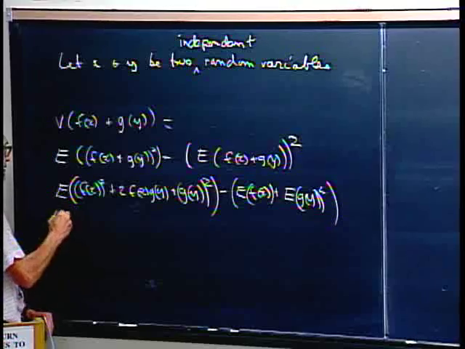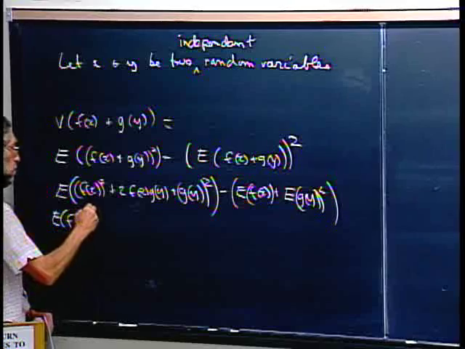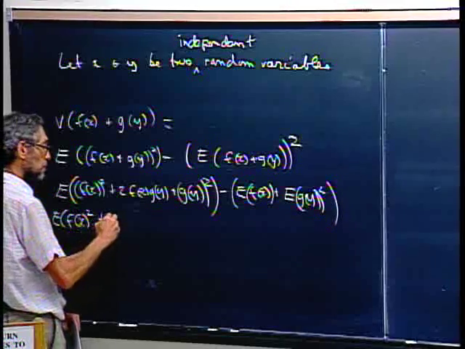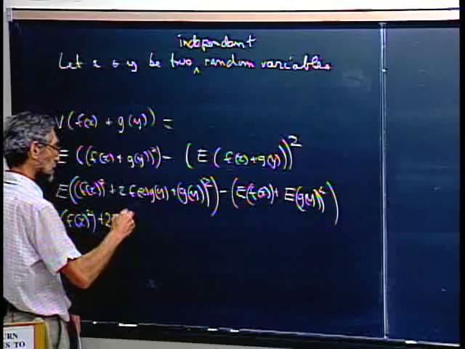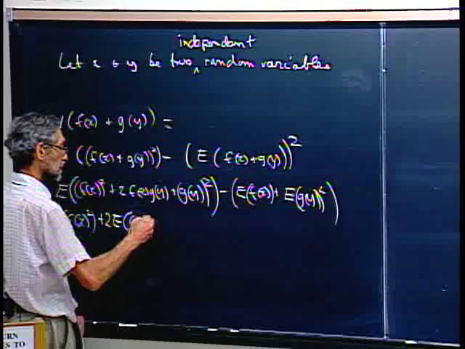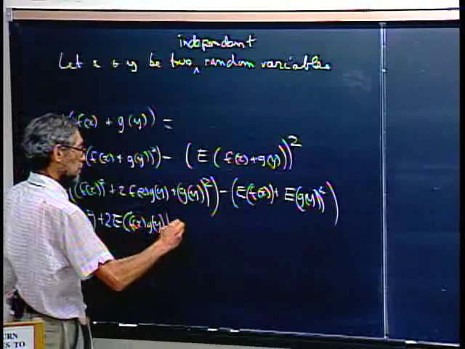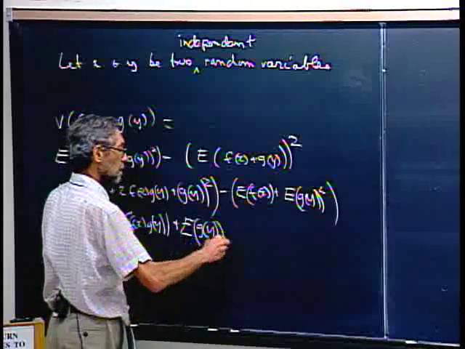So I can say this is the expectation of f(x) squared, plus twice the expectation of f(x) g(y), plus the expectation of g(y) squared.